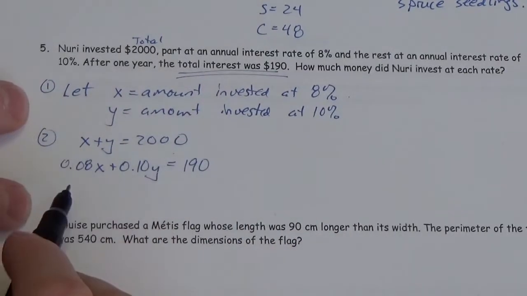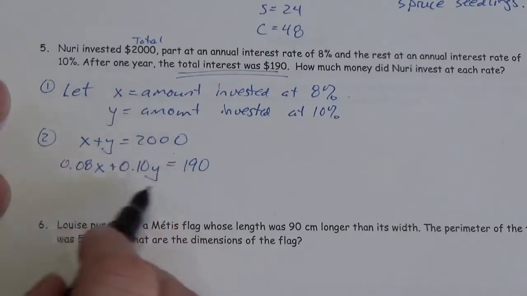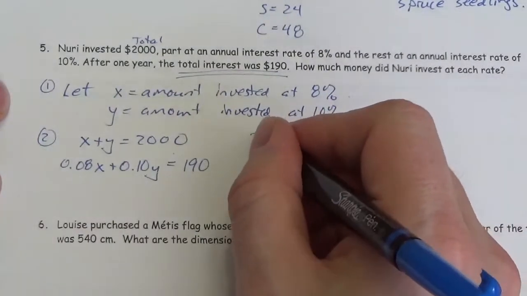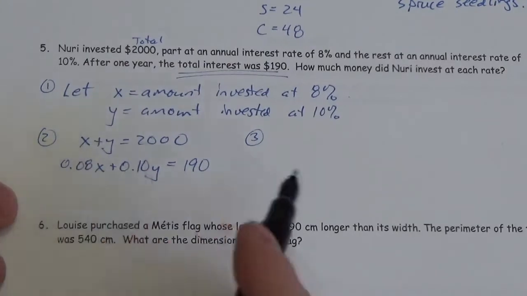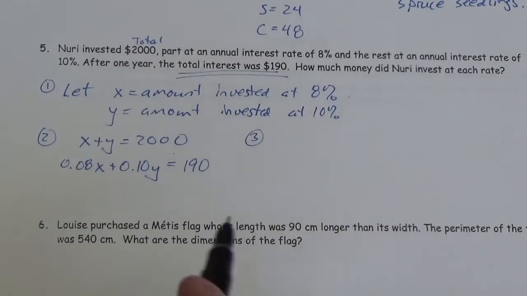I hope they make sense. Like I said, a lot of times people focus so much on getting this one, and they get it, but they just forget about this one, the first one. So now, because the last couple I did were both substitution, I'm going to do elimination here. And I'm going to do what most people tend to do in these cases. I'm going to eliminate the y variable.